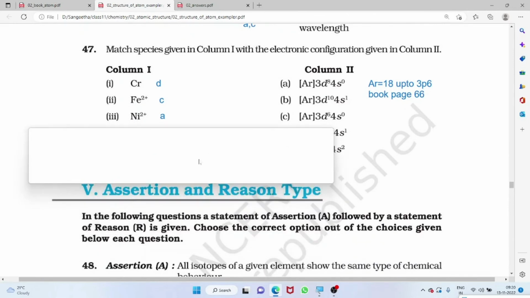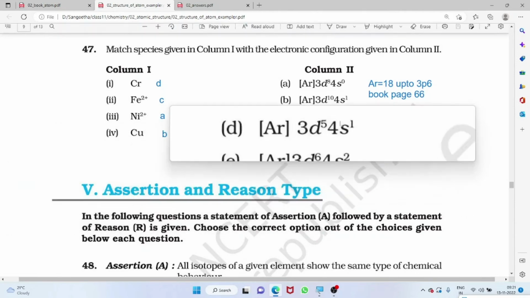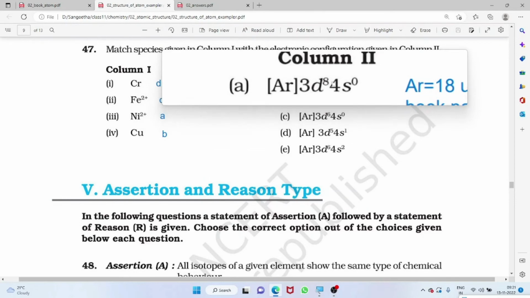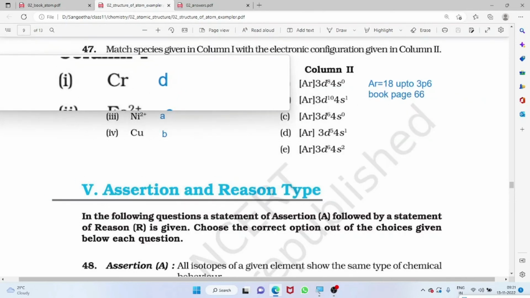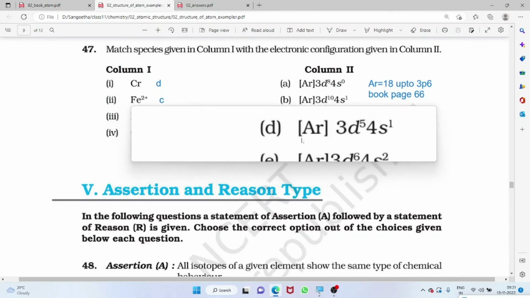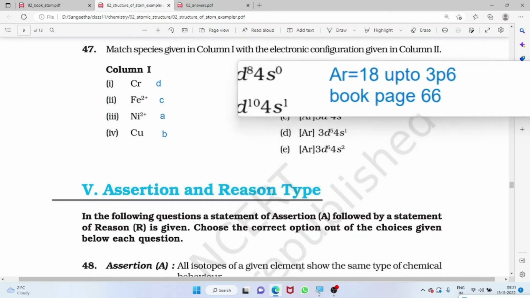Match the species given in column 1 with the electronic configuration. So for the element Ar they are using it as a base, then above that they are adding. For chromium, D, this is given in the periodic table in your book.